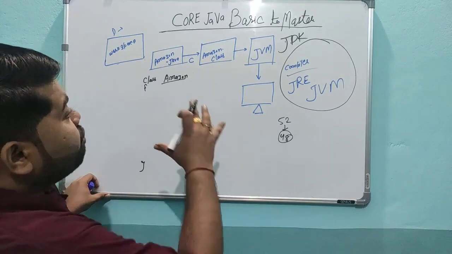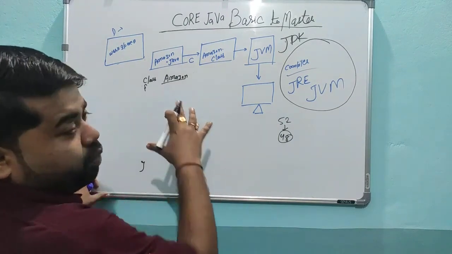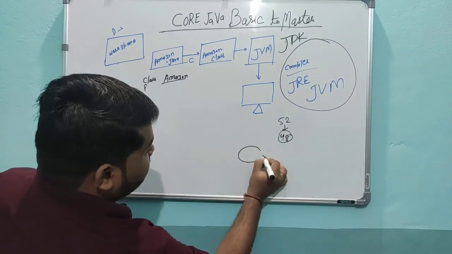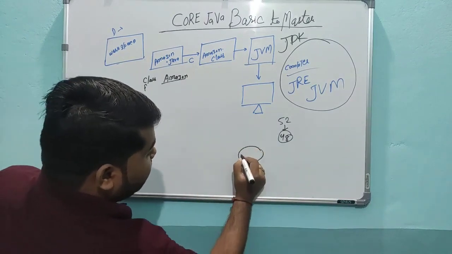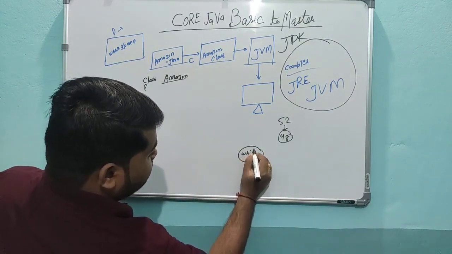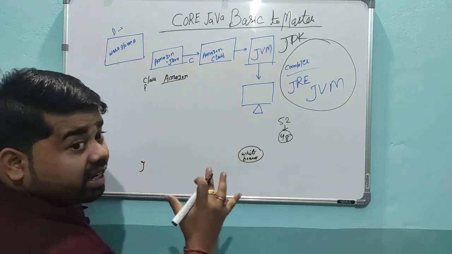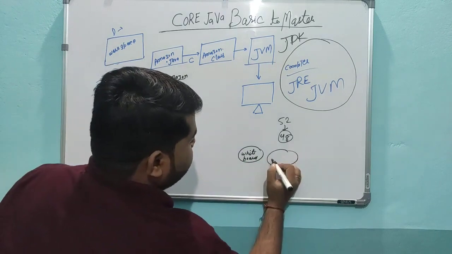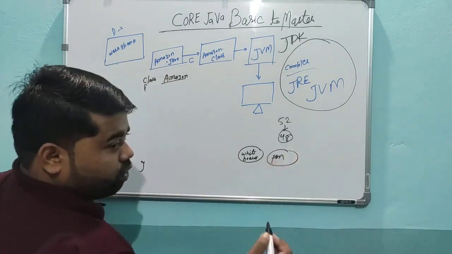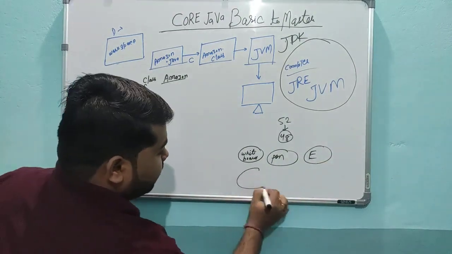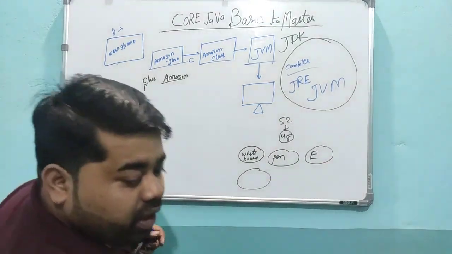For automation we require programming. This is like the whiteboard, any real world object, like a pen is also an object. E-commerce, banking, all are objects only.